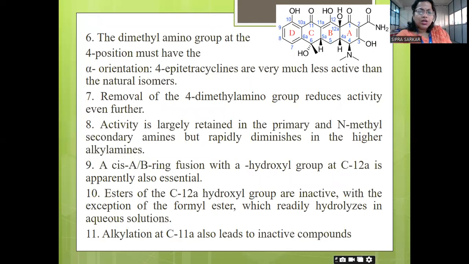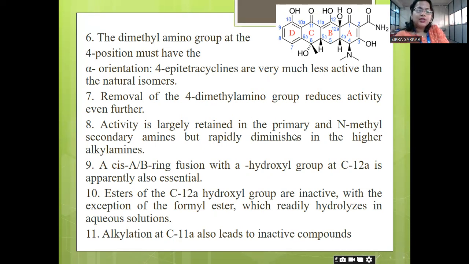So the structure should have the alpha orientation, and if 4-epitetracyclines are present, they will be less active than the natural isomers. Removal of the 4-dimethylamino group reduces activity even further. That means if the amino group is removed from the 4th position, it will reduce the activity. That means the dimethylamino group is very essential for the activity.